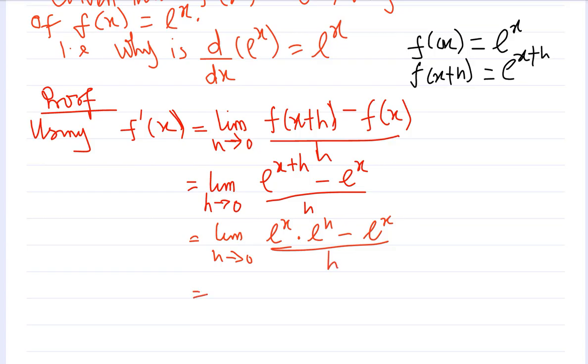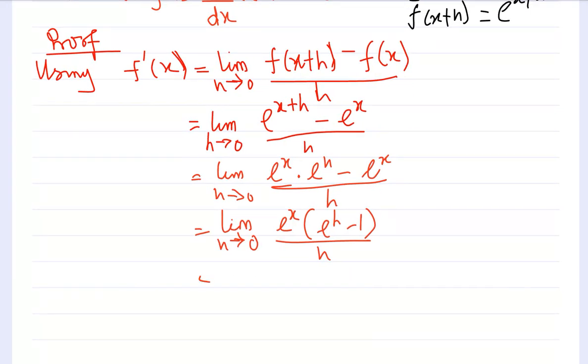Exponential x is a common factor there, so we have exponential x times exponential h minus 1, divided by h, and now we apply the rule of limits.